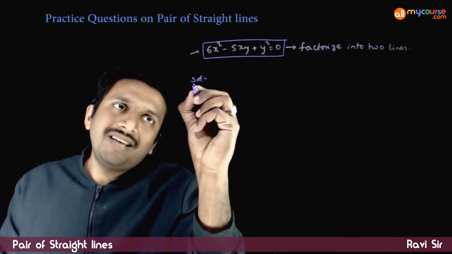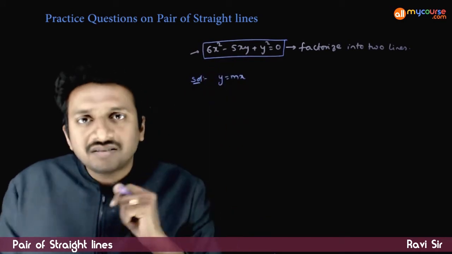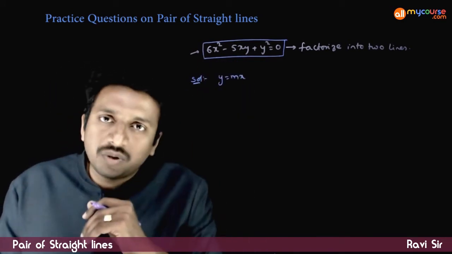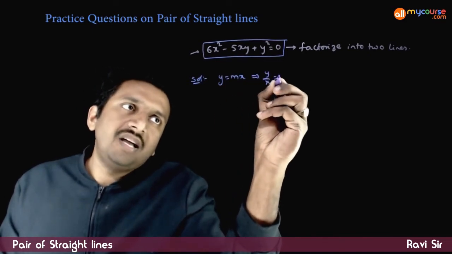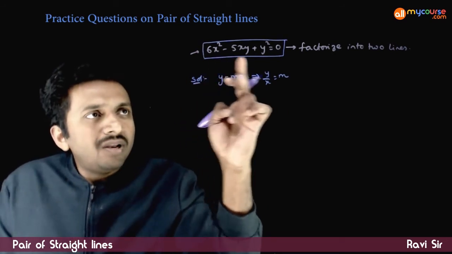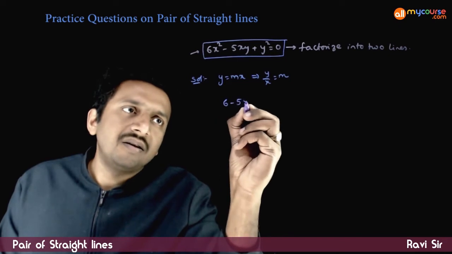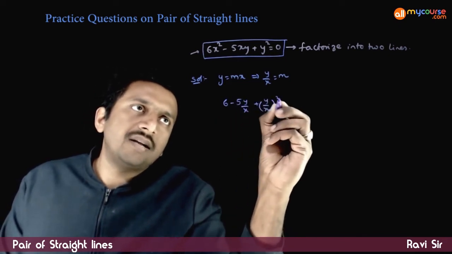So first, let y is equal to mx satisfy this equation. This implies y by x is equal to m. Now let me divide the whole equation by x square. So you get 6 minus 5 y by x plus (y by x) whole square is equal to 0.